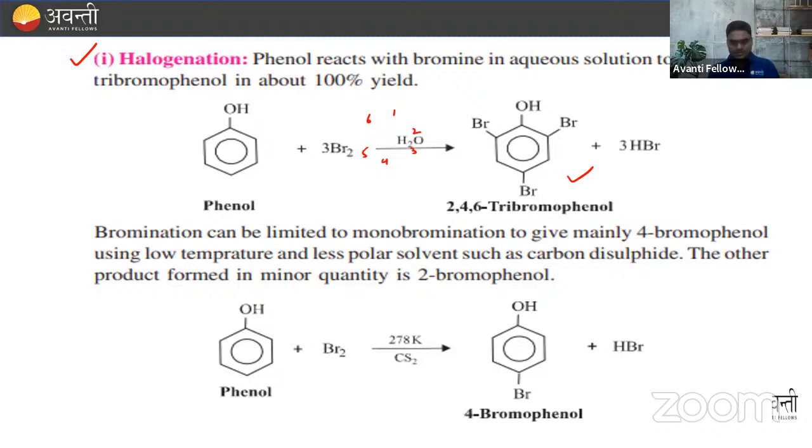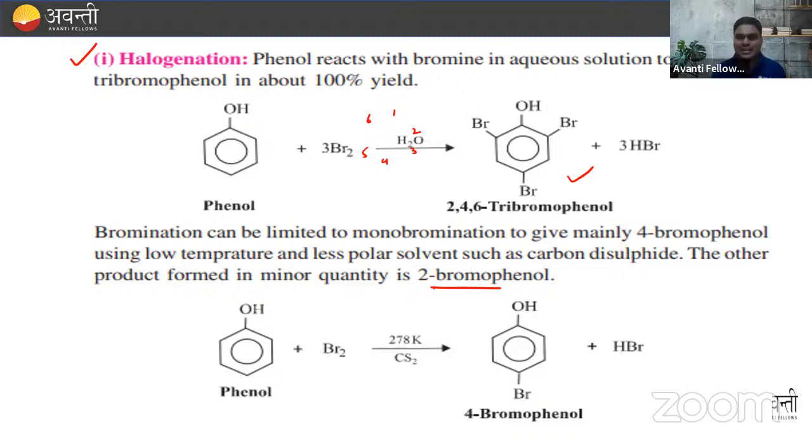Similarly, if the halogenation of phenol takes place in presence of CS2, that is carbon disulfide, then only ortho and para bromophenol will be formed. Ortho bromophenol is formed in a very small amount, or we say minor, so we can neglect it. 2-bromophenol is present in a very small quantity, or we say minor product.